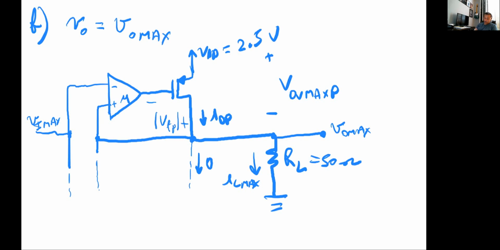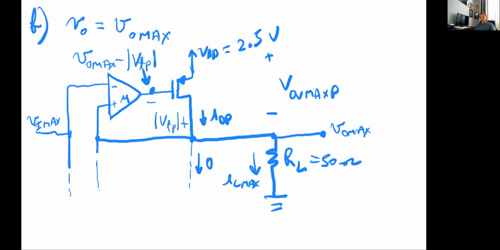And the voltage here at the gate of the P channel is going to be the output voltage max minus the threshold voltage for the P channel.